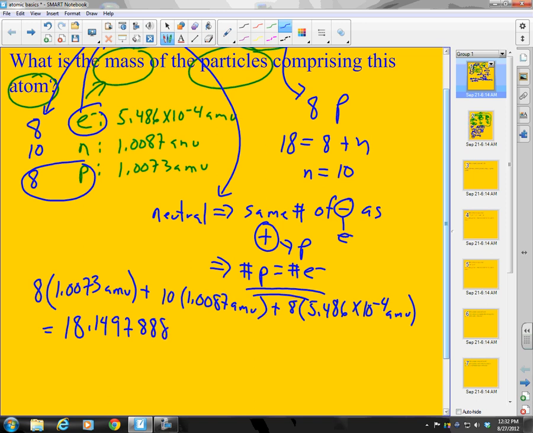Of course, I can only be significant to the 4th decimal. So what is my totally correct answer? 18.149, and I have to round this 7, so I'm going to round it up: 18.1498 AMU. There we go. That's how we do it.